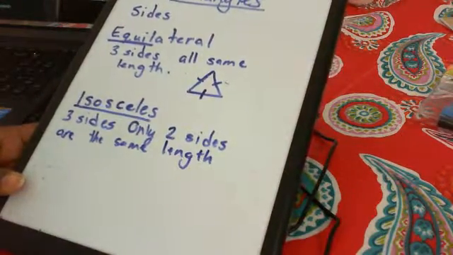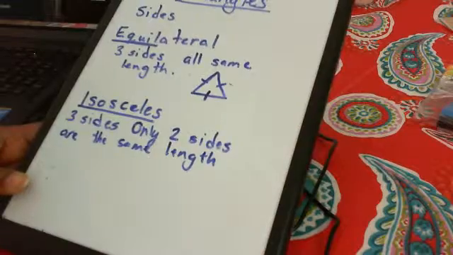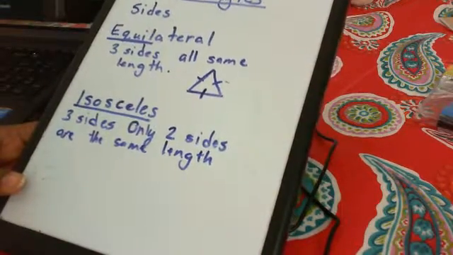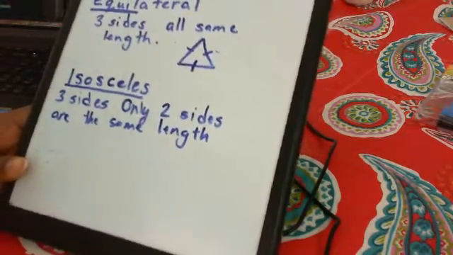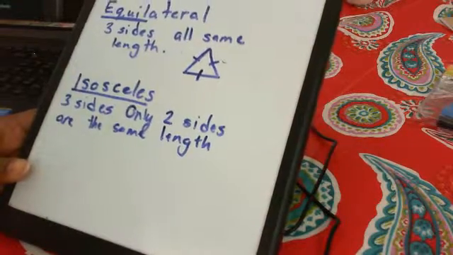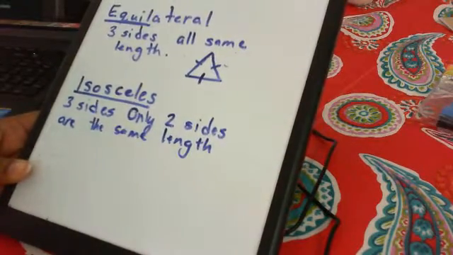So you might have 3, 3, and 4, or 6, 6, and 9, depending on your triangles. So let's go ahead and draw an example of what it would look like.